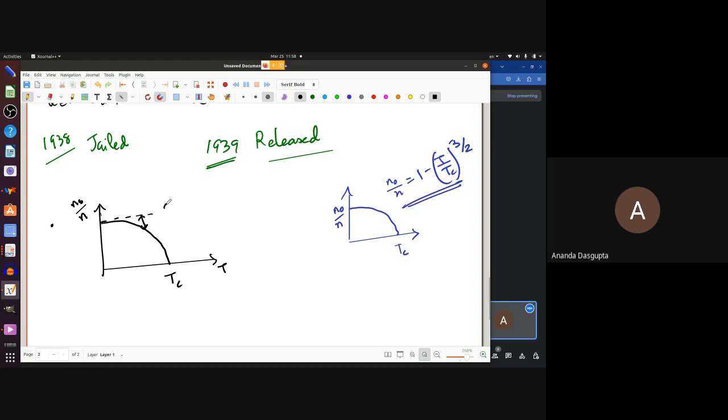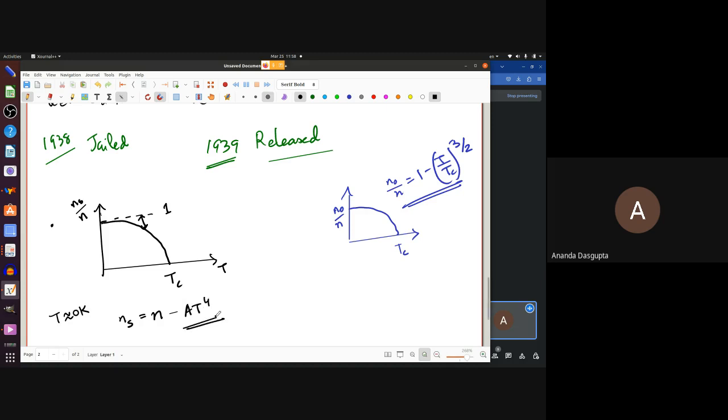This, of course, is 1, which means all of it is superfluid. This gap tells you how much normal fluid is there, right? And experiments carried out near 0 Kelvin, not Tc, but around this region, showed that the superfluid amount is less than N, of course, because some of it is normal fluid. And you have something like this.